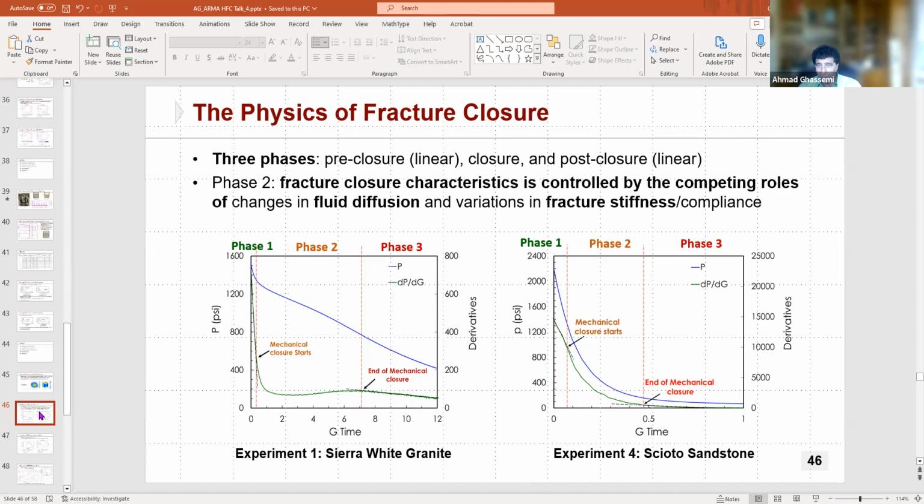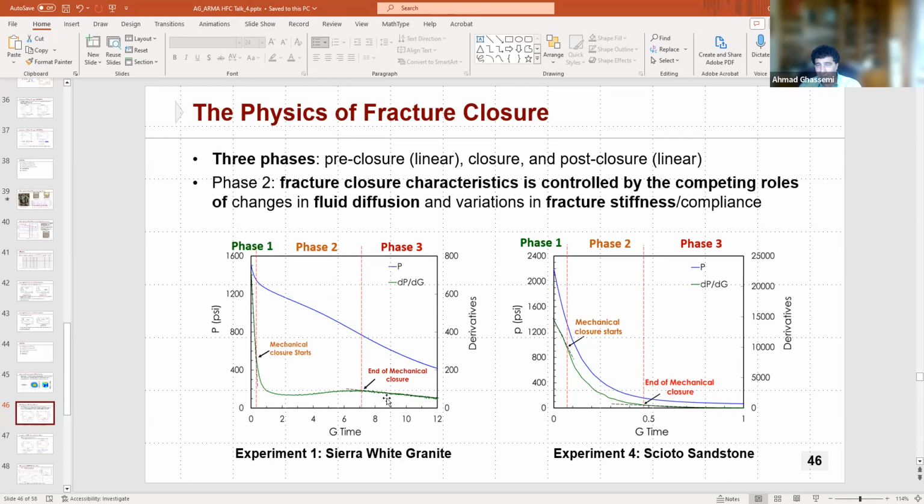This suggests two things of consequence. One is that perhaps we can take the first signature as shown here as the onset of mechanical closure, and so that should represent the closure pressure. The other is that this entire process, from the onset of closure to the end of mechanical closure, does not depend only on leak off. So solutions that rely on that assumption perhaps need to be revisited.